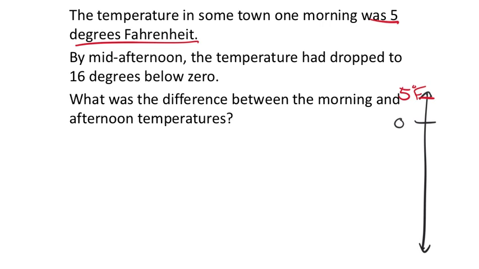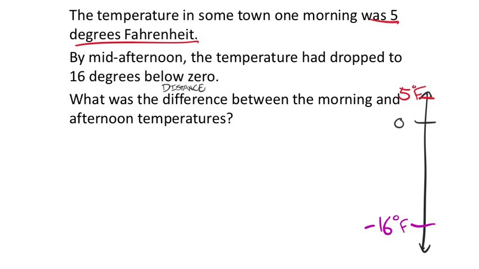But then it says in the mid-afternoon, the temperature is going to drop to 16 degrees below 0. It's going to be way down here. So that's 16 degrees below 0, which is going to be negative, still in degrees Fahrenheit. So the difference, another way to say difference, especially on a number line like this, would be distance.